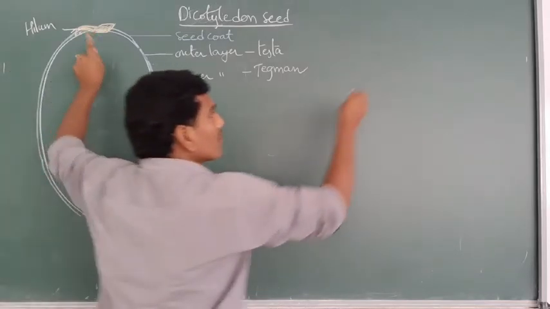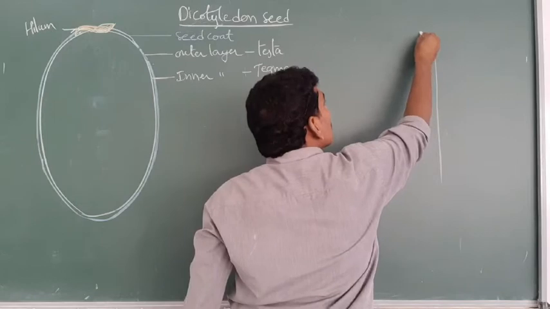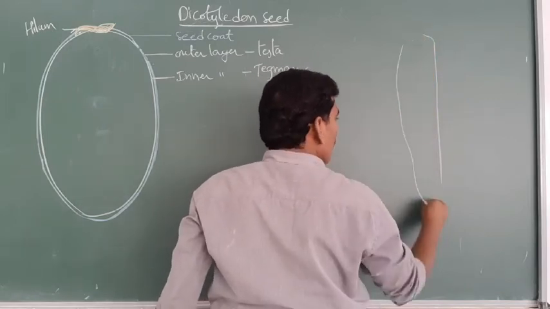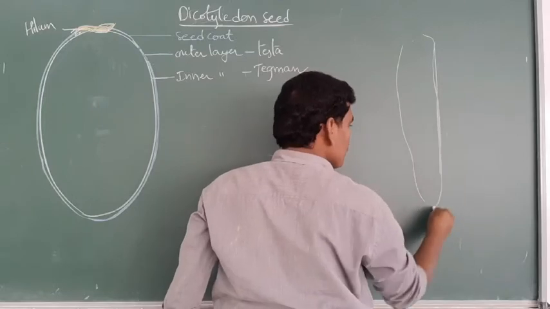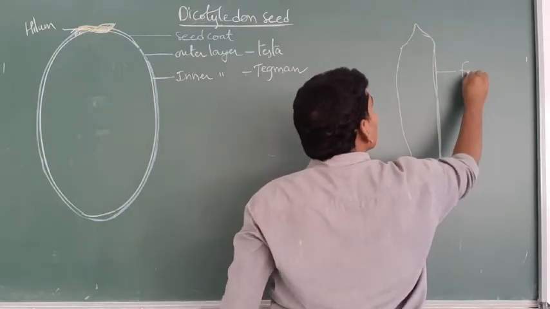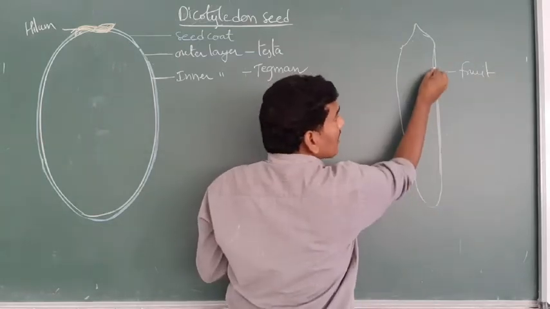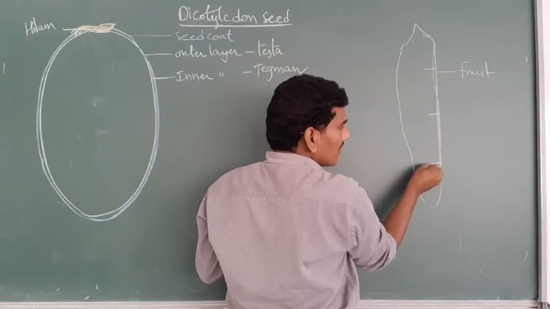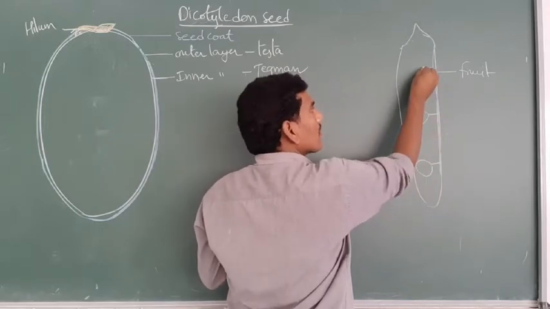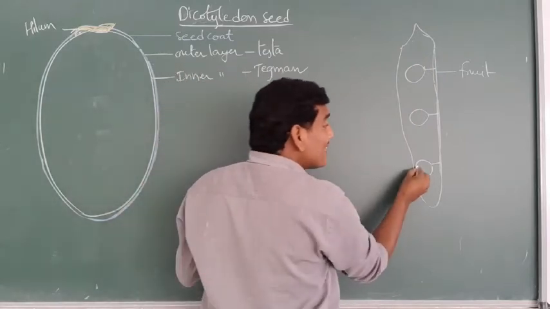For example, here this is actually one bean fruit. These are nothing but seeds. This is a seed coat.